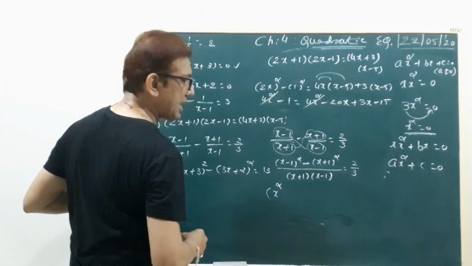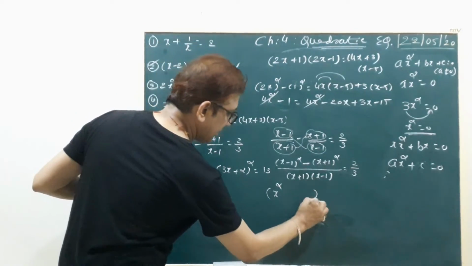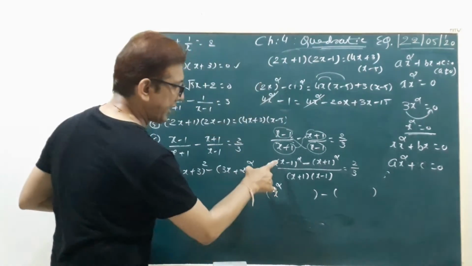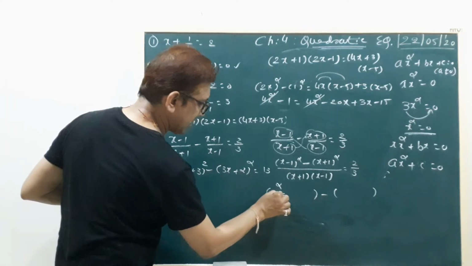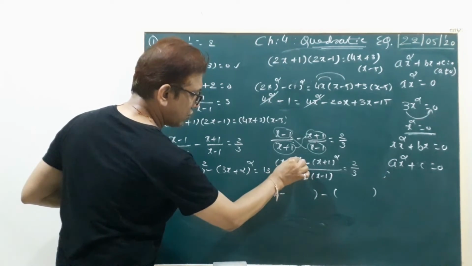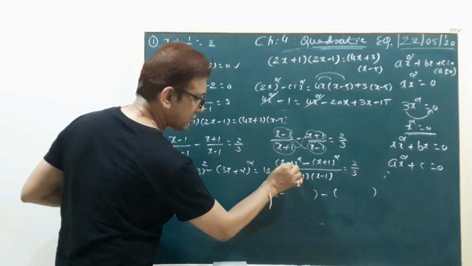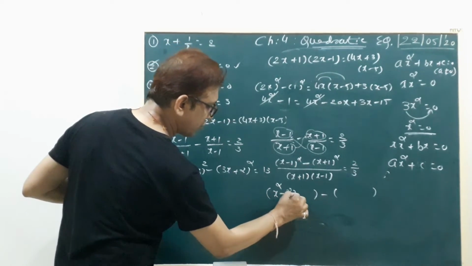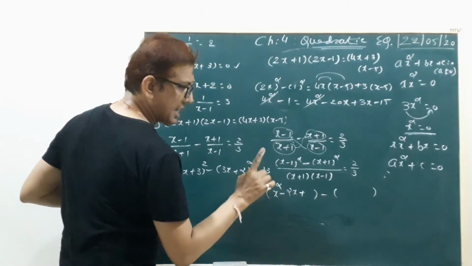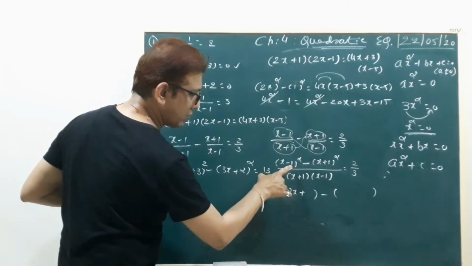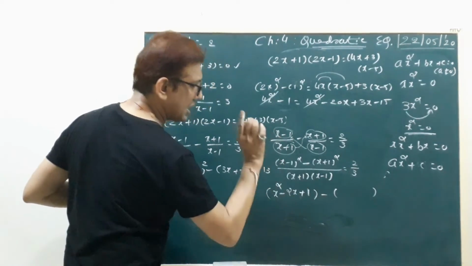Now expansion. A minus b whole square formula, and here a plus b whole square formula. A square, then middle term is minus 2ab. 2 ones are 2 into x, 2x. Plus, first and last term always positive. 1 square is 1.